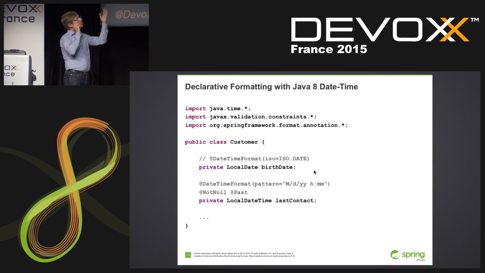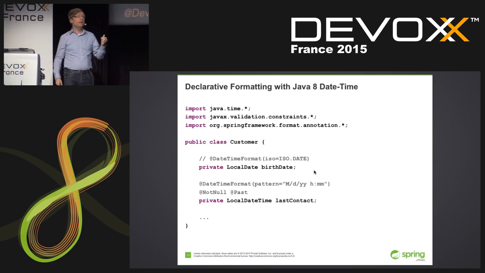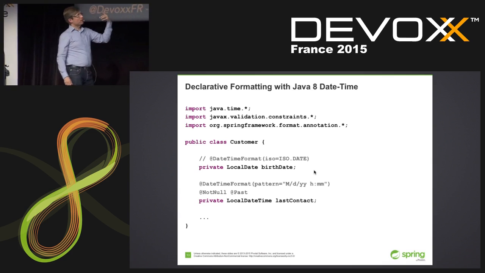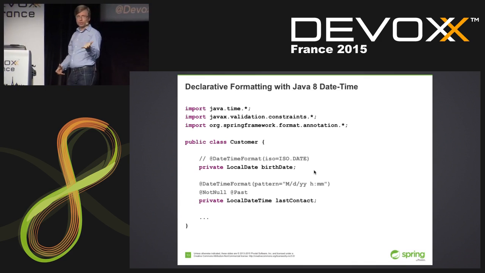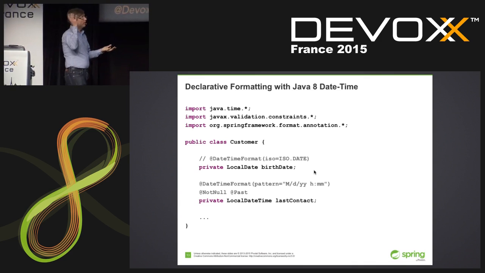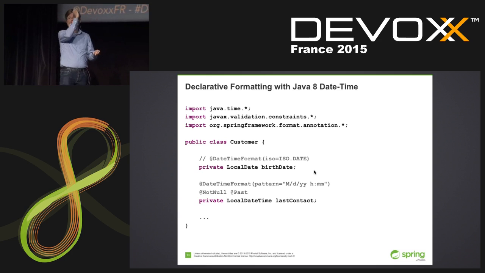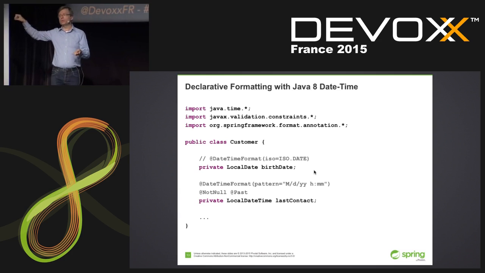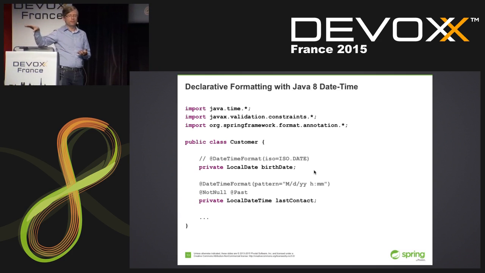Whenever you happen to use java.time types such as LocalDate and LocalDateTime in your source code, Spring's binding and formatting infrastructure is going to auto-detect those and automatically adapt to them. So incoming string values can be converted to LocalDates and LocalDateTimes. They can be rendered out as string values to web views or to JSON representations or anything else really.